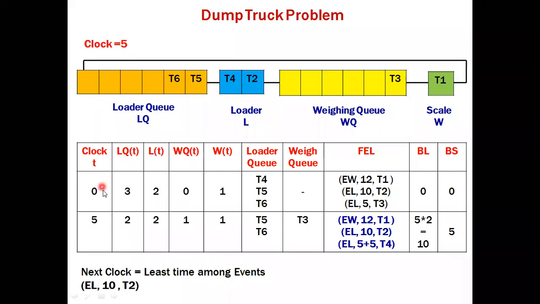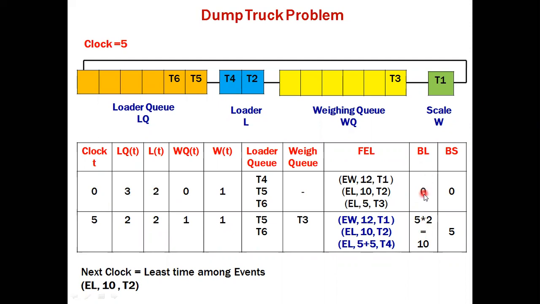Between 0 and 5, check whether the loader is 2. Once it is 2, that means okay, the loader is busy. Between 0 and 5, L of t should be 2. If that is the case, we will find out the busy loader time. The busy loader time is a cumulative loader time.